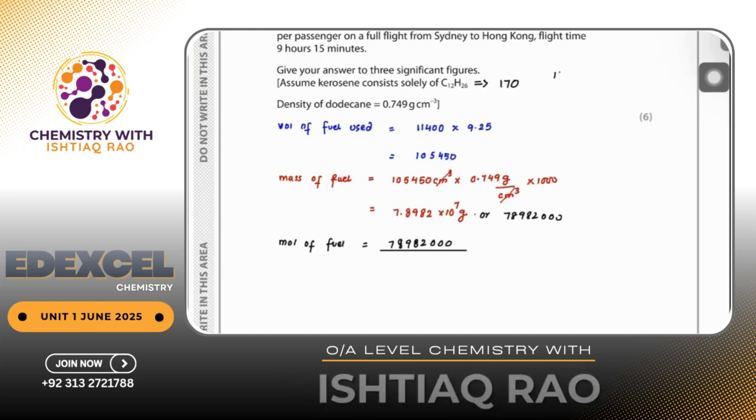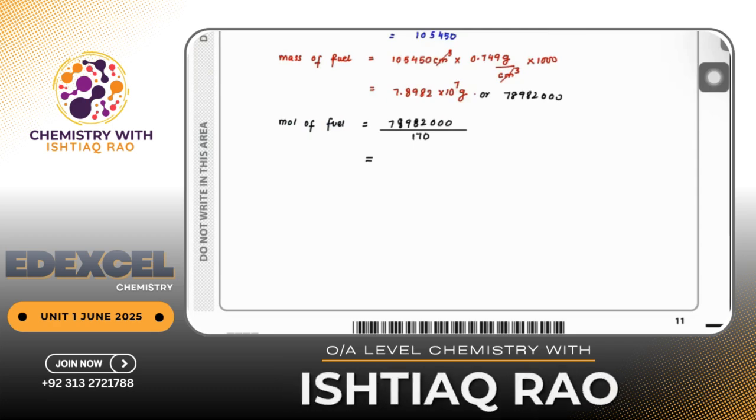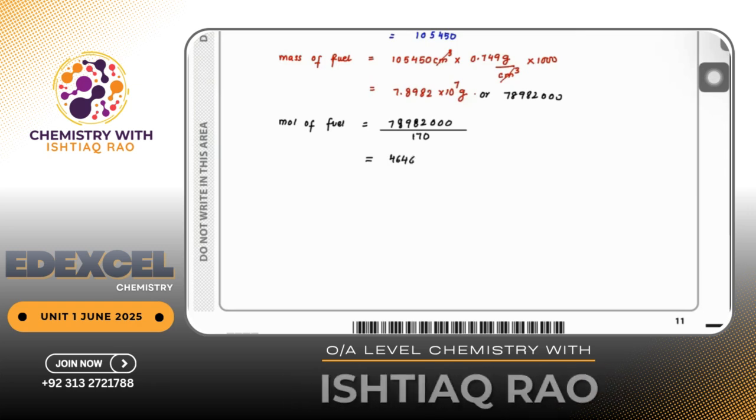This is the mole, which is mass over Mr. So I would be getting 464,600. It's the mole.